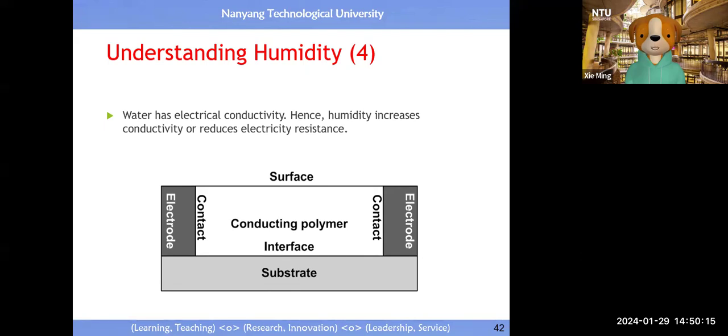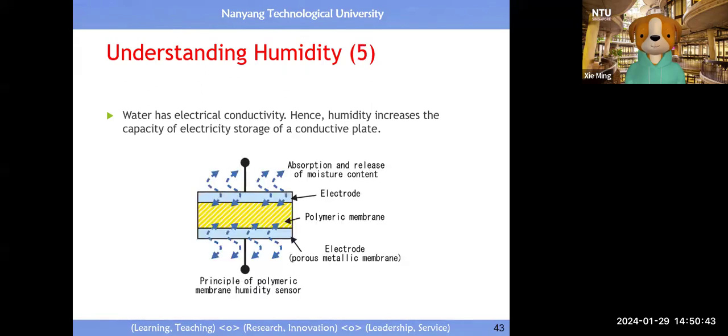For example, if you have a material which serves as a resistor, when there is the presence of water, the conductivity will increase or the resistance will reduce. So this is a guiding principle for us to come up with a solution which allows us to convert humidity into a computer readable number.